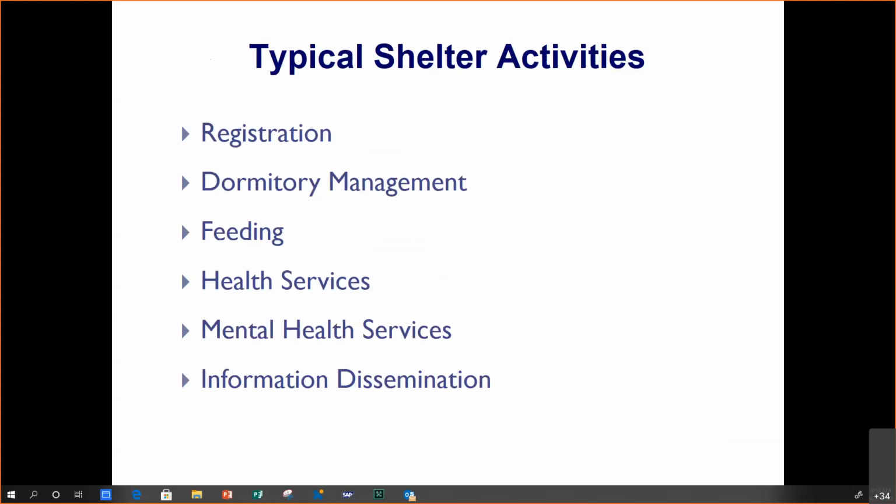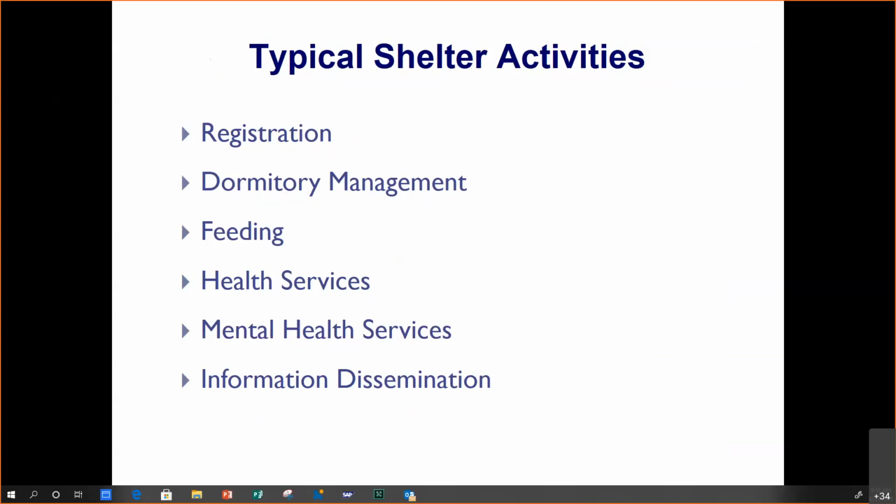So the shelter activities: the individuals will arrive at the shelter. They'll stop at a registration desk, where registration will take information to keep track of who's in the shelter, just for accountability, to make sure if anything happens, everybody knows who's in the shelter.